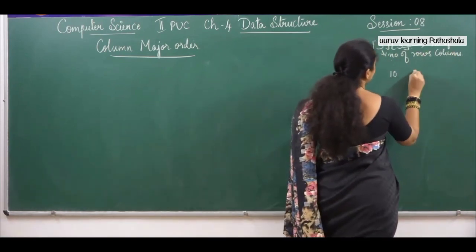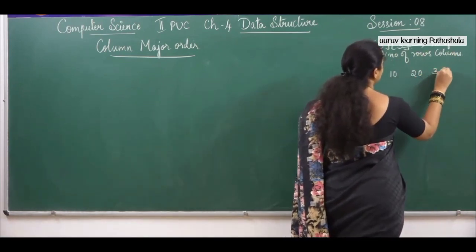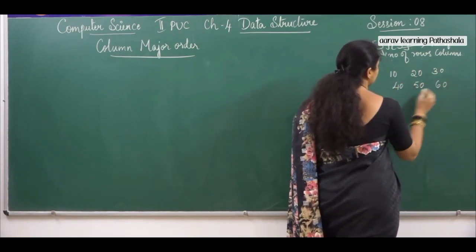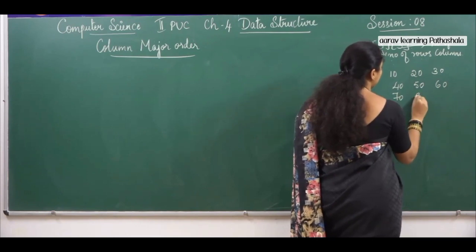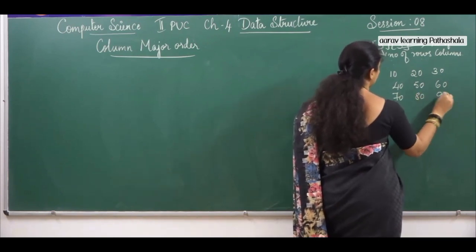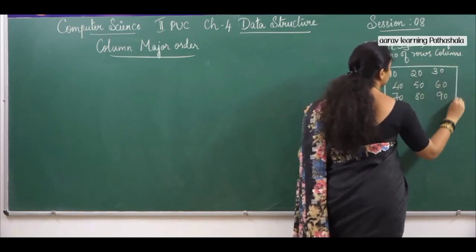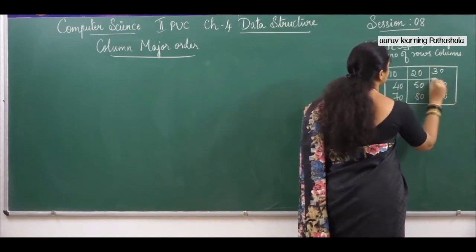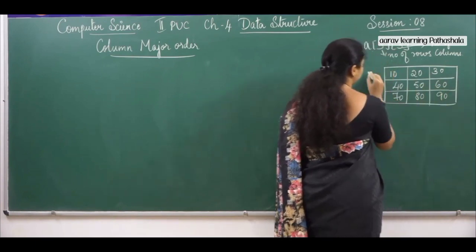So the array elements are 10, 20, 30, 40, 50, 60, 70, 80 and 90. As it is a 3 cross 3 matrix, we can store 9 elements in the matrix.